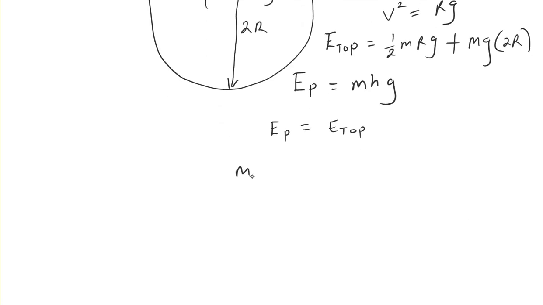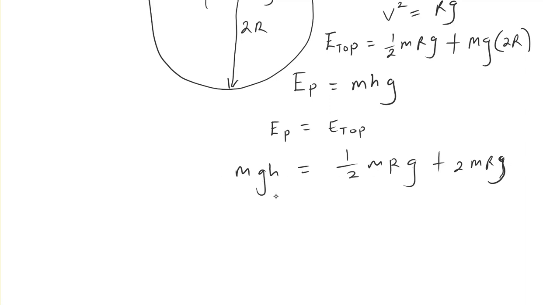So we have mgh, which is EP, is equal to 1 over 2 mrg plus 2 mrg. Okay, let me write this well. Now we can factor out m from these, and it's gonna cancel. Likewise, g can be factored out from everything.